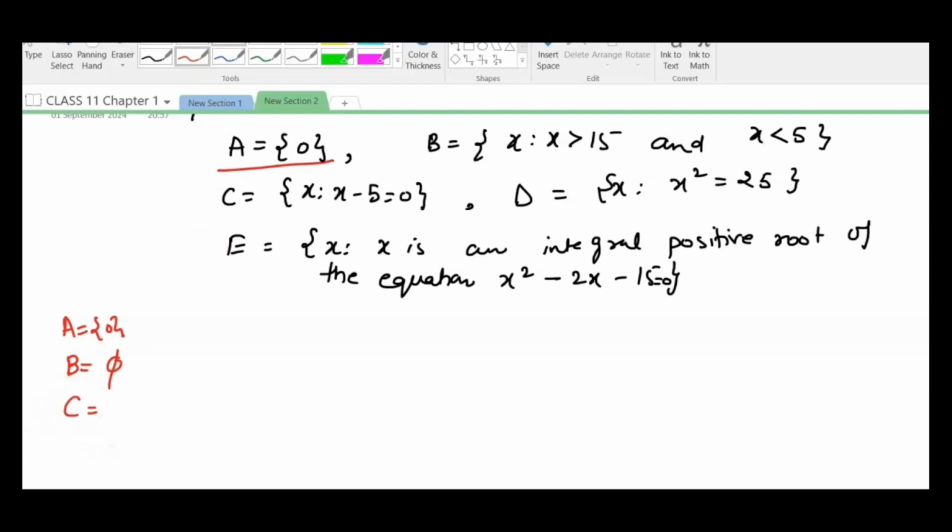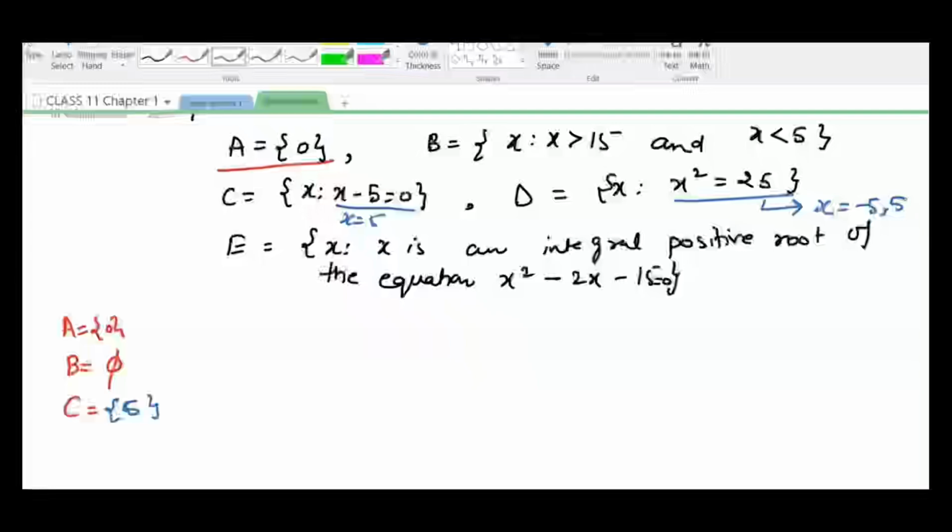As for the set C, x such that x minus 5 is equal to 0. So, this means x is 5. So, set C is simply {5}. For the set D, D is equal to x such that x square is equal to 25. If we solve this, we will get x as minus 5 and 5.